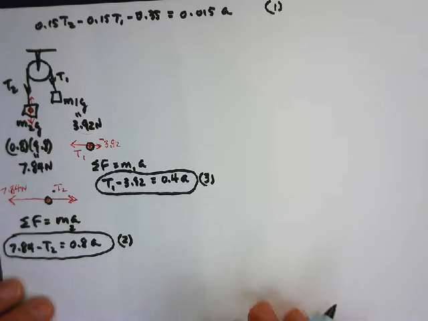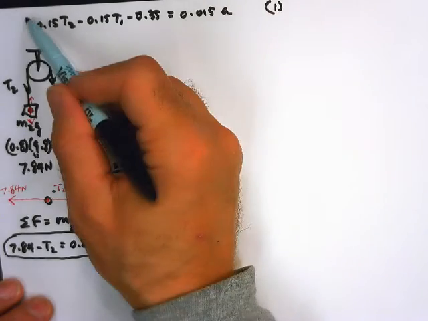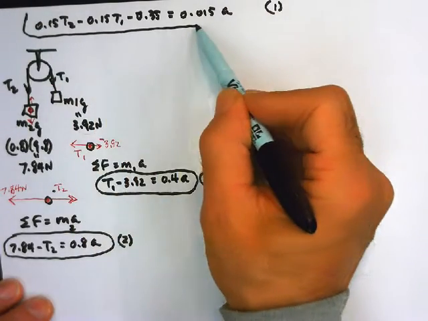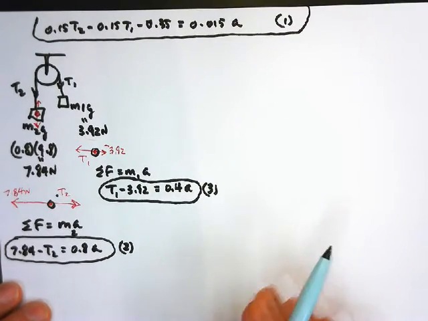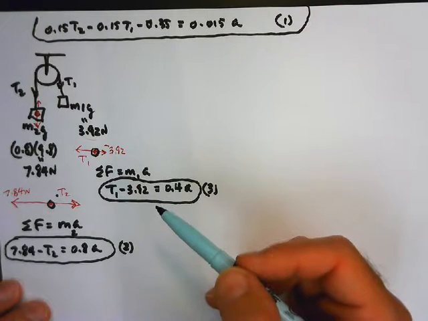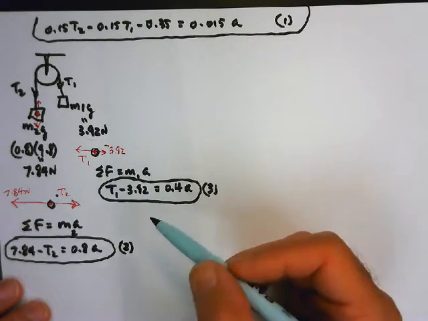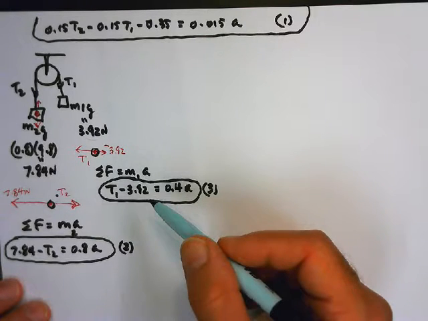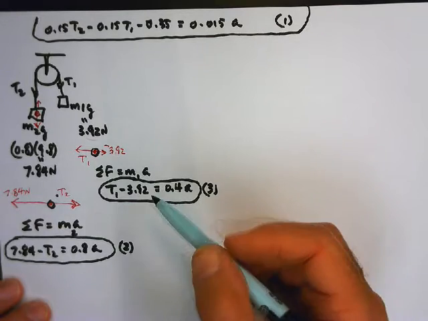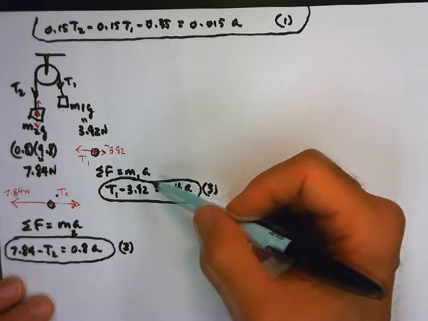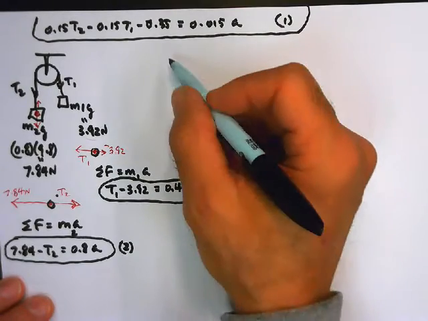Alright, now if we substitute 3 into 1, so here's 1 up here, remember, we got that from the sum of the torque equals I alpha. If we substitute equation 3 into 1, we can then consolidate.